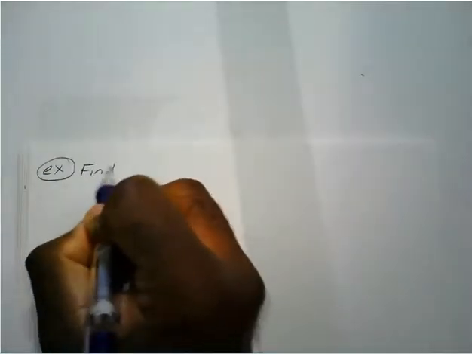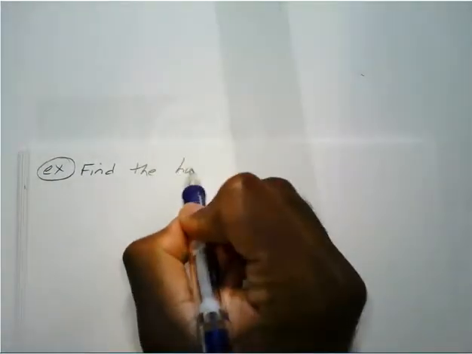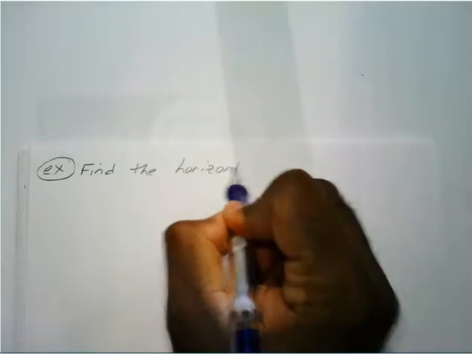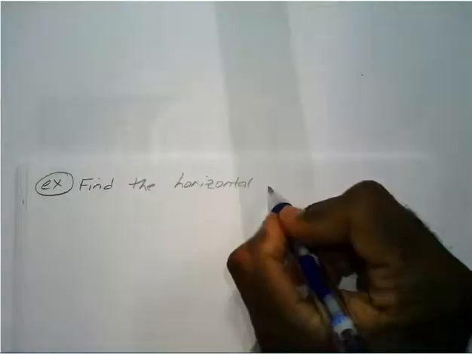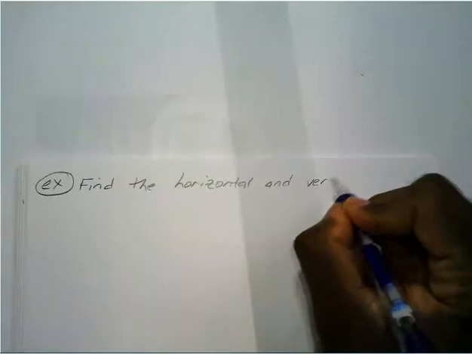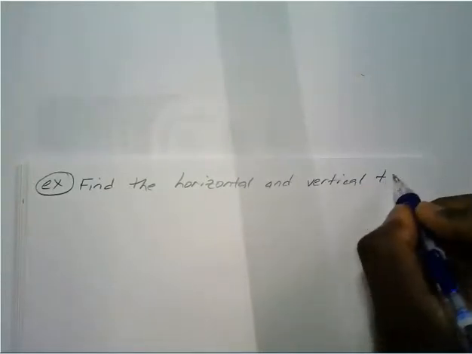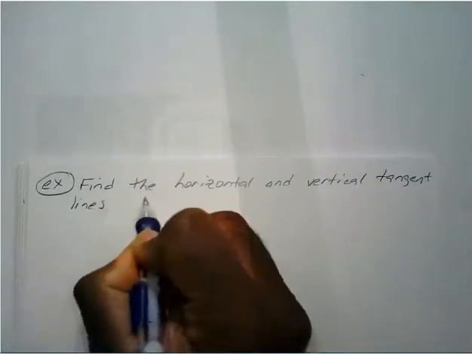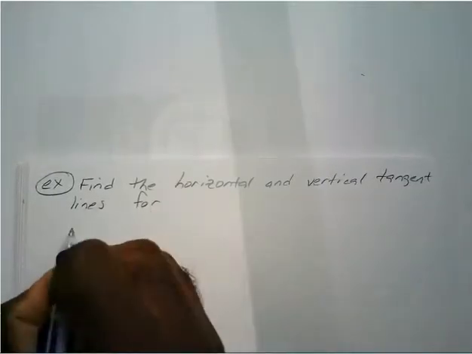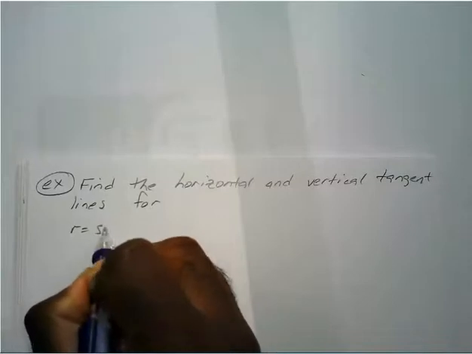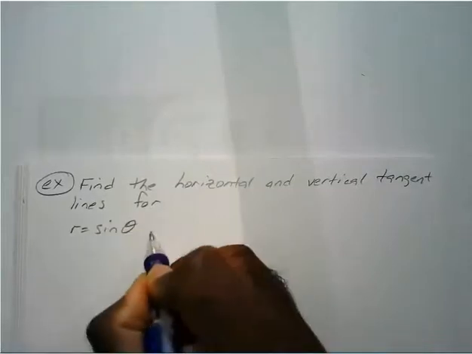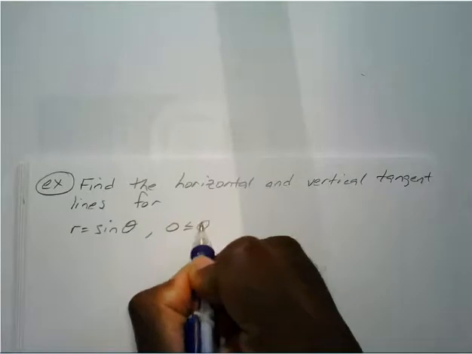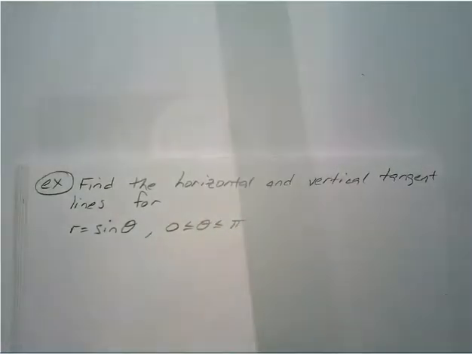Alright, so let's say, for example, we wanted to find the horizontal and vertical tangent lines for r equals sine of theta, from 0 to pi.